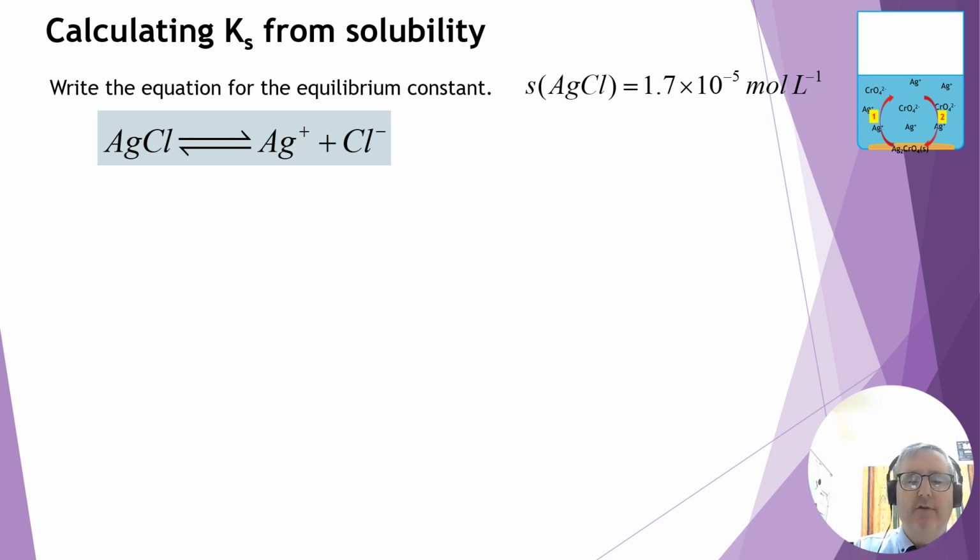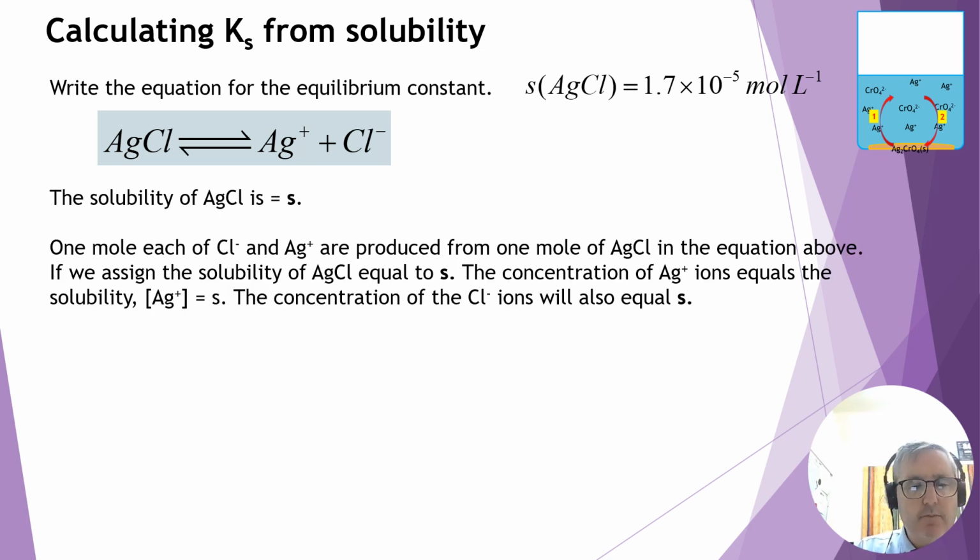Here's my equation. So this is where we take the equation and we're going to draw an expression, but we're going to do some algebra. Now think about this. If the silver chloride is going to dissolve or separate into silver ions and chloride ions, you can see that for every 1 silver chloride that is dissolved, we get 1 silver ion.